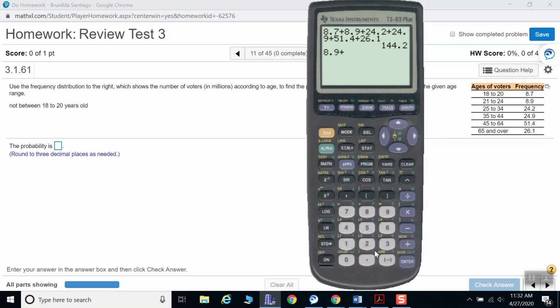So 8.9 plus 24.2 plus 24.9 plus 51.4 plus 26.1, and that will become my numerator, 135.5. So my probability will consist of the numerator being 135.5 divided by 144.2.